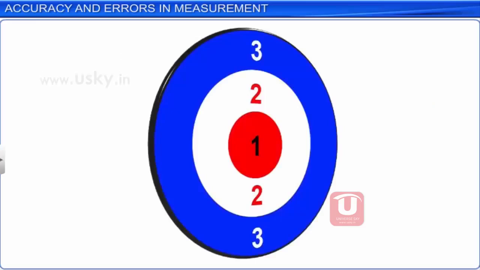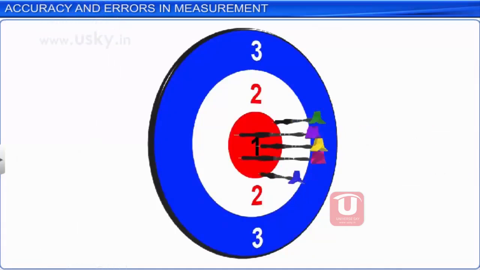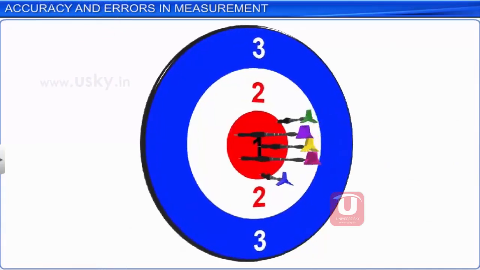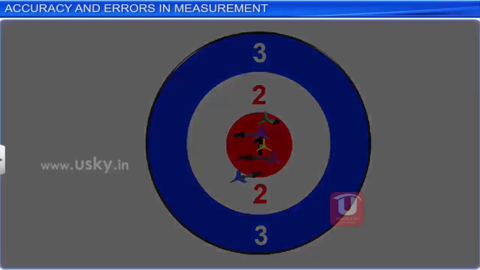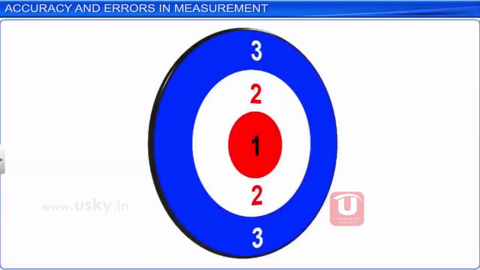In measurements, accuracy and precision are two important terms. For example, if 5 darts are thrown and all hit the bullseye, each throw is said to be accurate and precise. Accuracy is the degree of closeness of the measured value to the true or actual value.